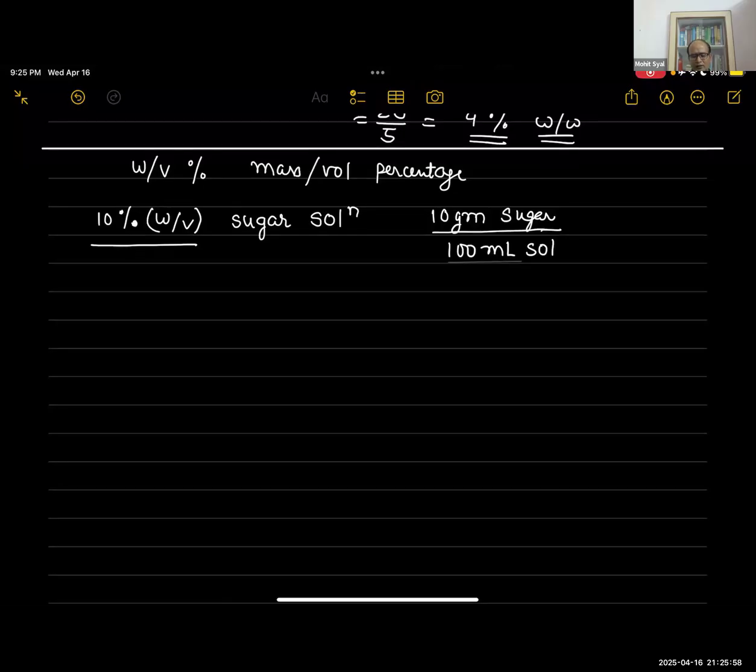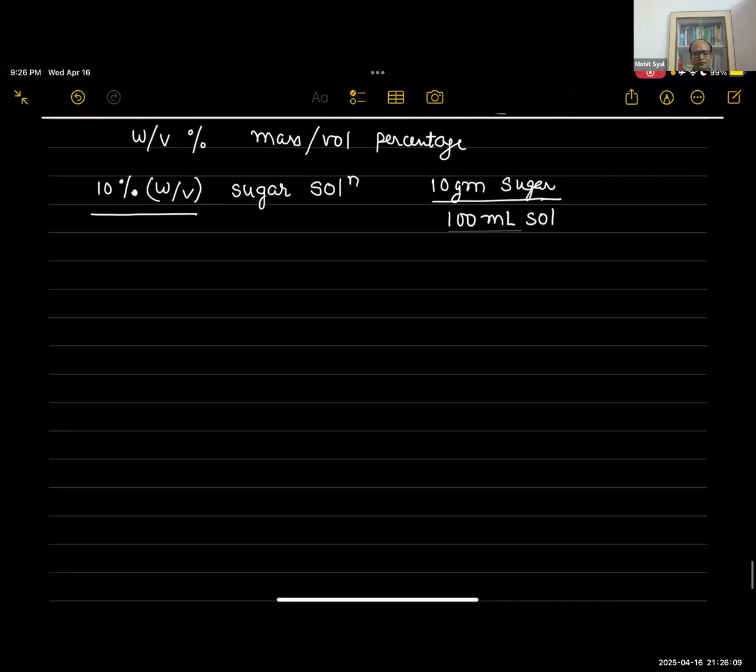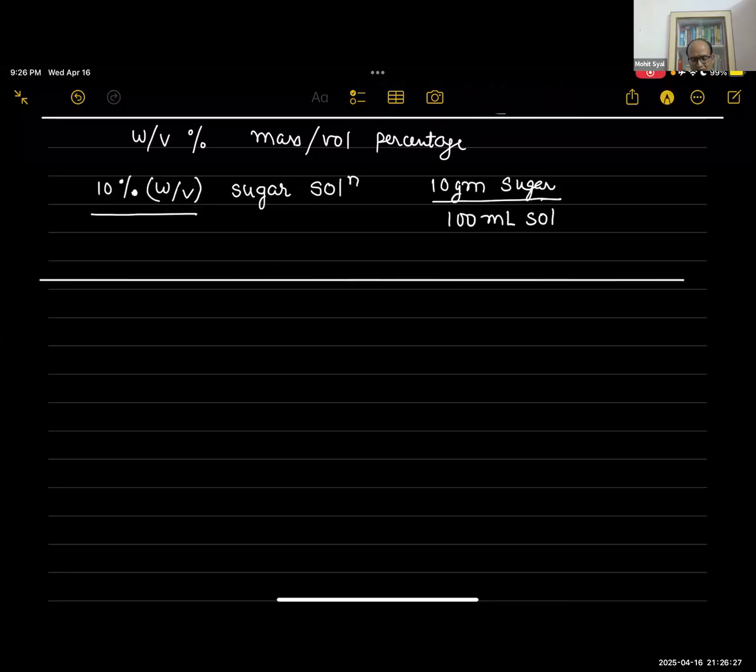This concentration term is used when you put a solid in a liquid. Is it clear? Yes. So the definition you need to be very clear on for school: the amount of solid present in 100 ml of solution. The denominator must be 100. That's the definition.